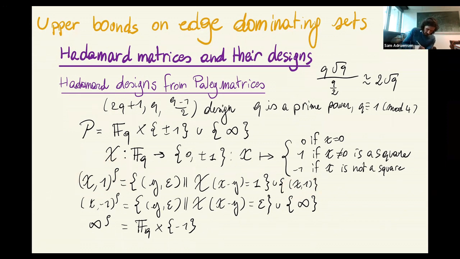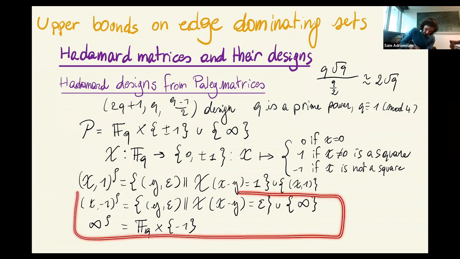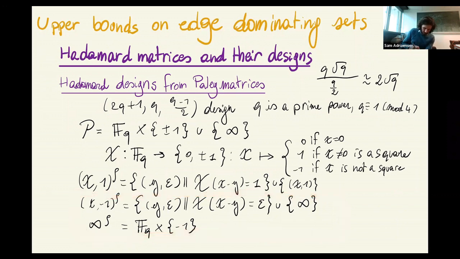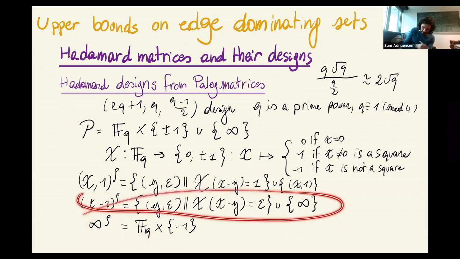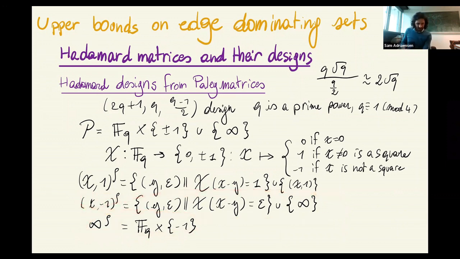And the only points that are left to construct co-cliques from are the x minus 1 points and infinity. But the point infinity is adjacent to all these other points, so also this is not very helpful. If you take your point at infinity and you want to make a co-clique, you can't add any other vertex. So we're interested in the points of the form x minus 1.